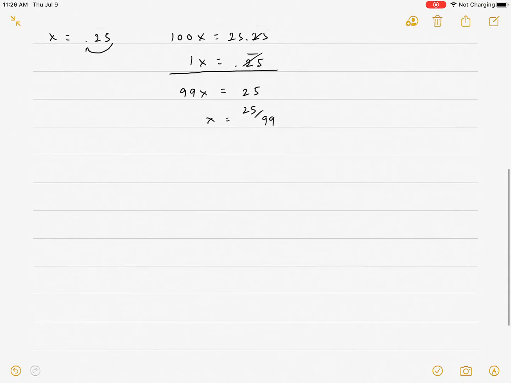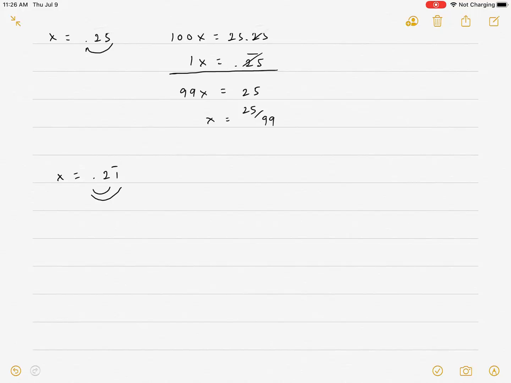What if we have a 2-digit decimal, but only one of the digits, the last digit, repeats? So let's say x is equal to 0.21 with just the 1 repeating. I want to multiply this by two numbers, one that puts the decimal immediately in front and one that puts it immediately behind.